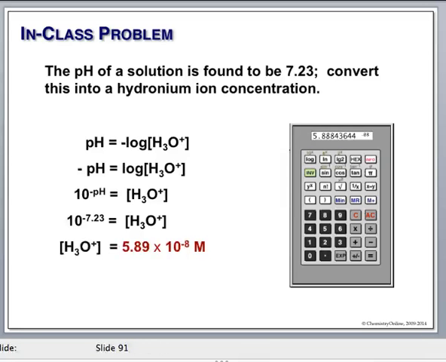Now clearly that's way too many numbers, isn't it? So here I've just rounded it to 3 digits. So I could say my hydronium ion concentration is 5.89 times 10 to the minus 8 molar.